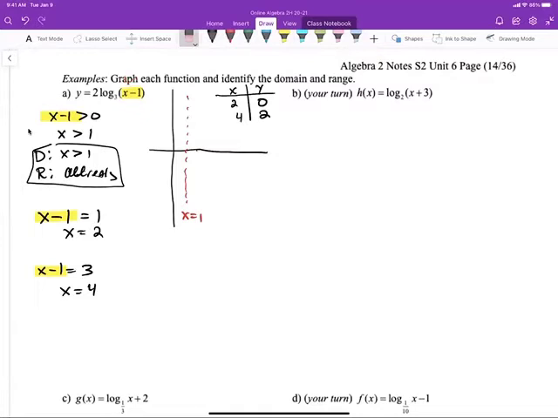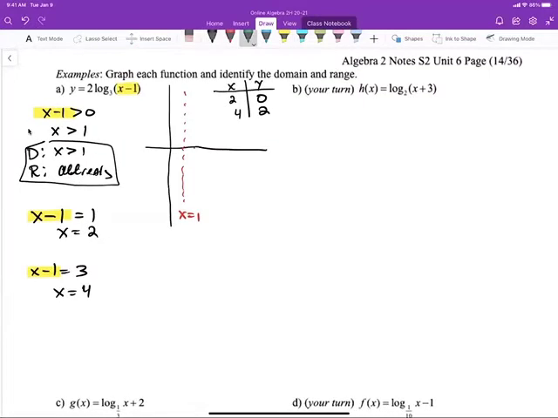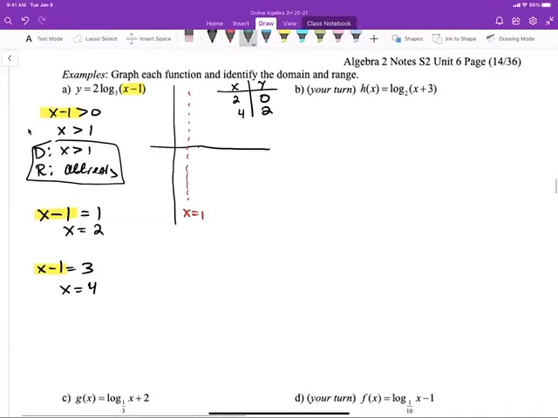We set what's in the logarithmic function equal to 1, and we set it equal to the base. Now let's plot those two points. I have a point at 2 comma 0. We'll say that's approximately there, and I'll call that 2 comma 0.